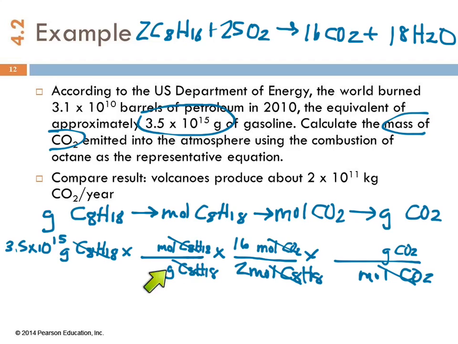Now, what are we going to do here? How do we convert grams and moles? Molar mass. So we need to calculate the molar mass. So for octane, it's 8 times carbon and 18 times hydrogen.